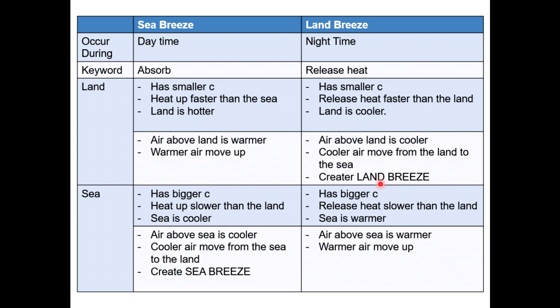As for the sea, it has bigger specific heat capacity, hence it will release heat slower. So during night time, the sea is warmer and the air above the sea is warmer. So the warm air moves up, and the cool air above the land will move to the sea. We call that land breeze.